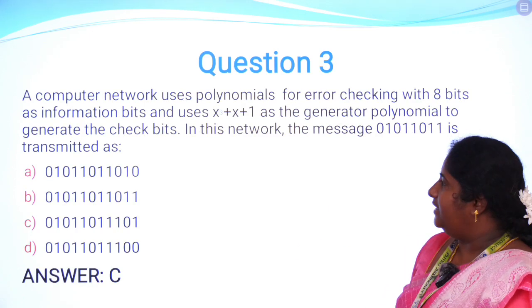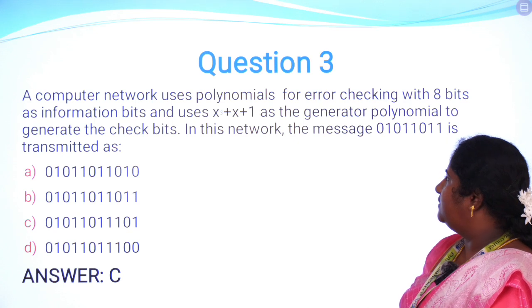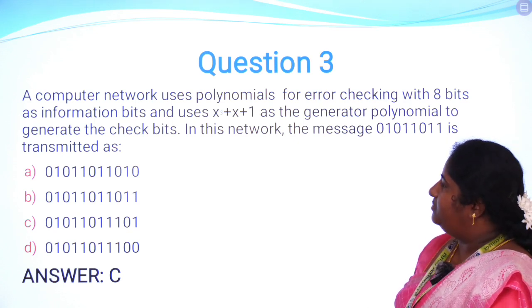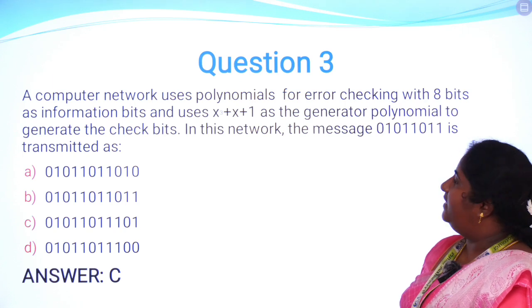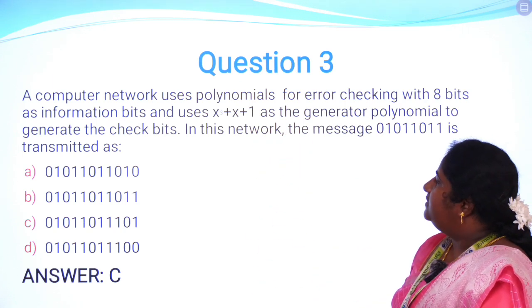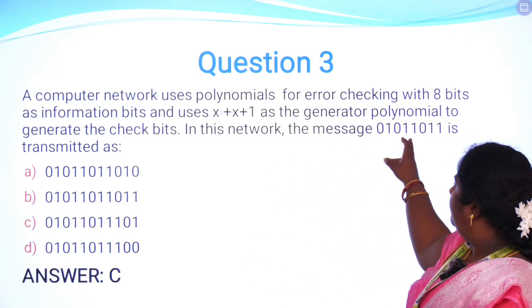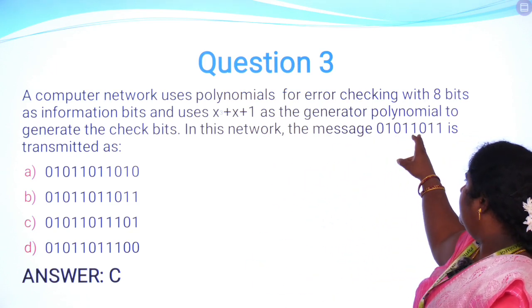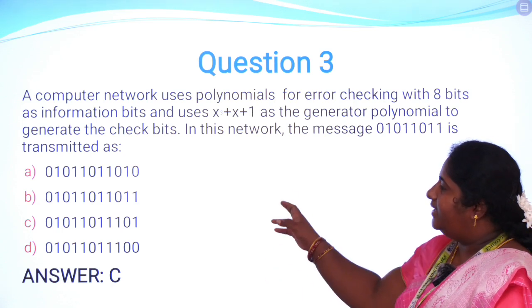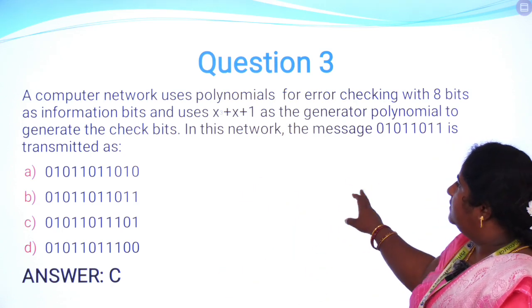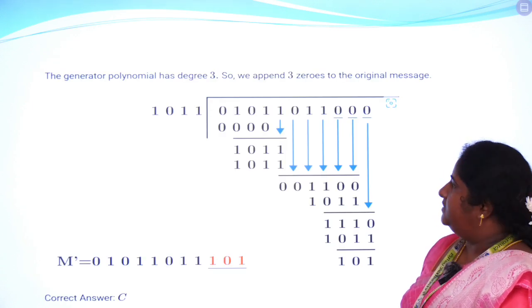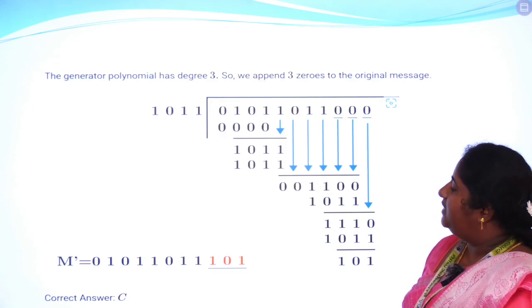Coming to question 3. A computer network uses polynomials for error checking with 8 bits as information bits and uses a polynomial generator x power 3 plus x plus 1. It is going to transfer the message 01 01 10 11. We need to identify which data is going to be transmitted. For this you have to use polynomial division.